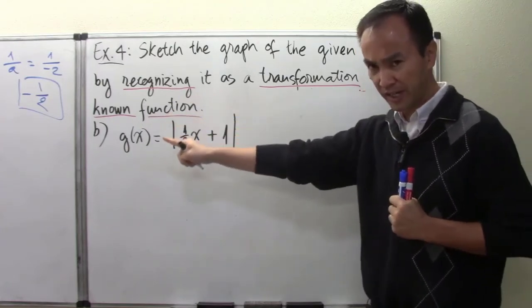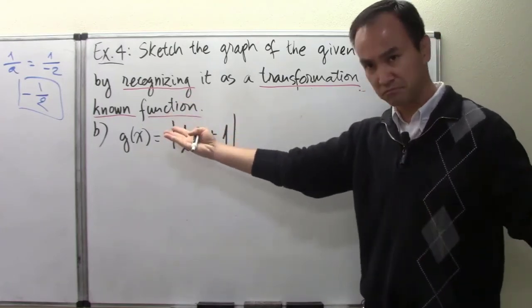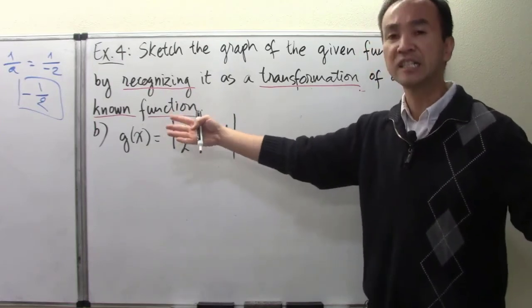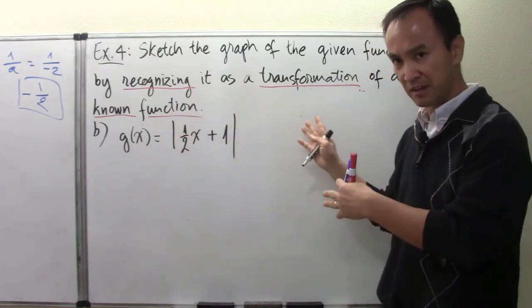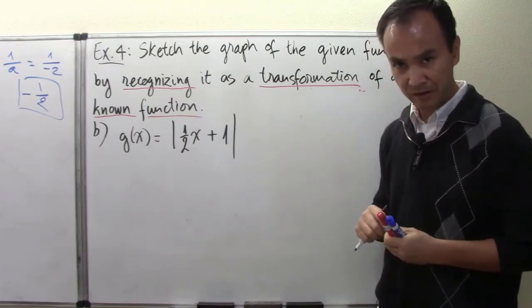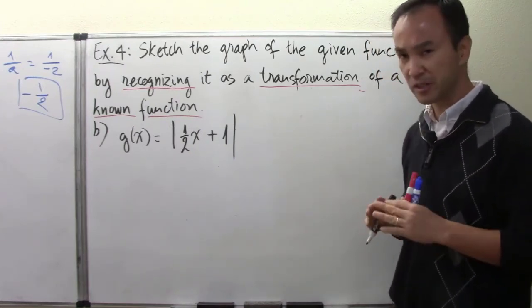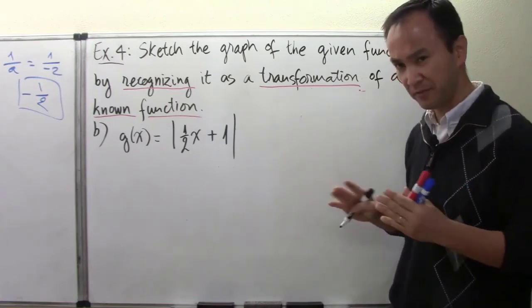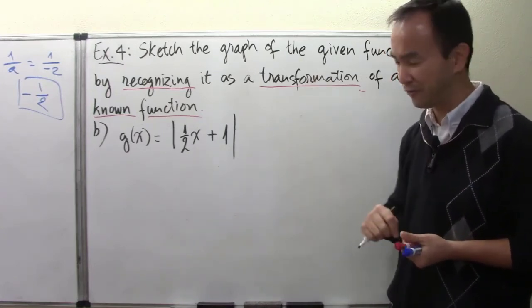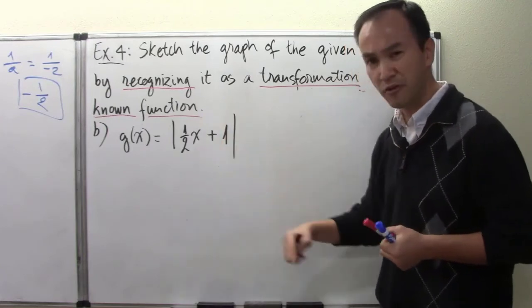So we want to recognize this as a possible descendant of a known parent function. From a very ground-up level, I only see absolute value.